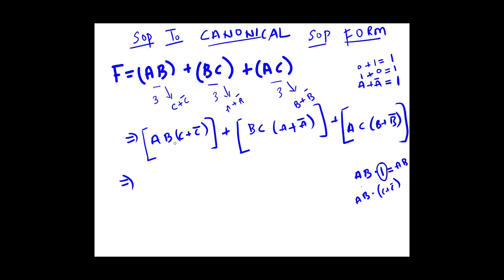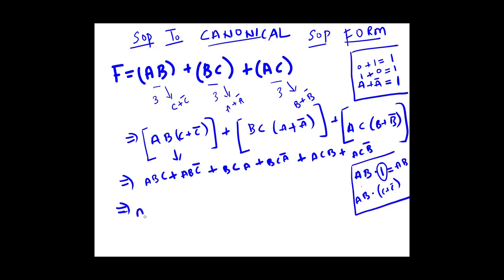I would get AB into C plus AB into C bar. This is from the first minterm. Next, from here I have BC into A plus BC into A bar. Next plus AC into B plus AC into B bar.